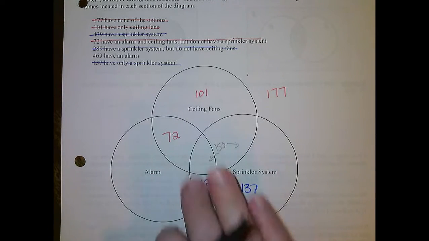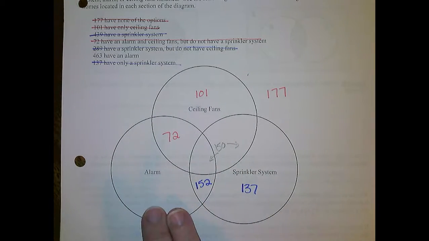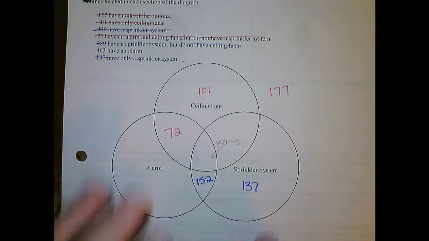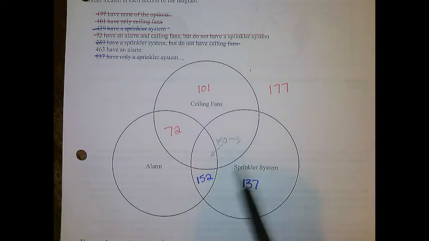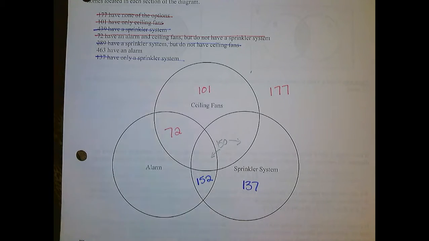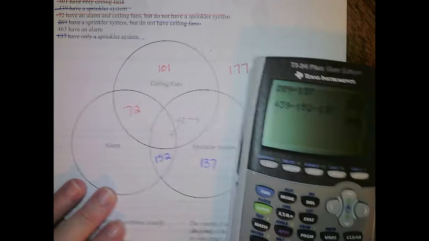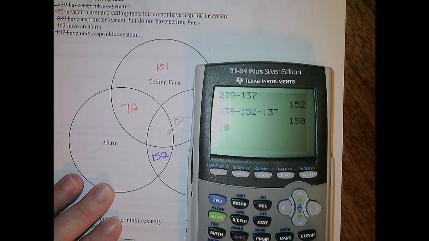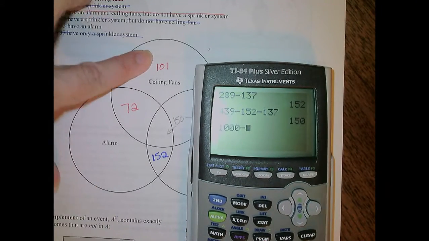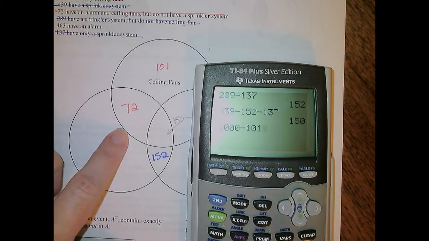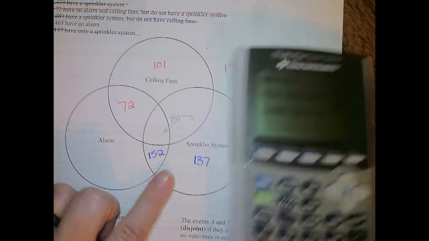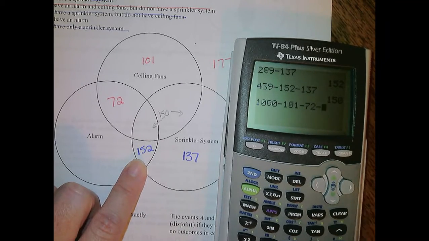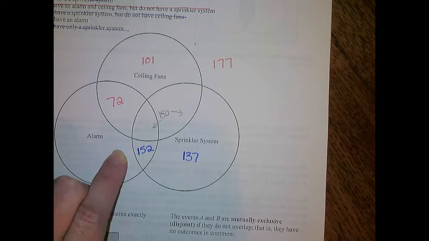Now, that's nearly every piece with the exception of these homes that just have an alarm. But I also know that there are 1,000 homes total. And so I've accounted for every region, including the region of those that don't fall within any of our groups. So I'm going to work backwards from 1,000. I have 101 here with just ceiling fans. I have 72 here with ceiling fans and alarms, but no sprinkler system. I have 152 sprinkler systems and alarms, but no ceiling fans.